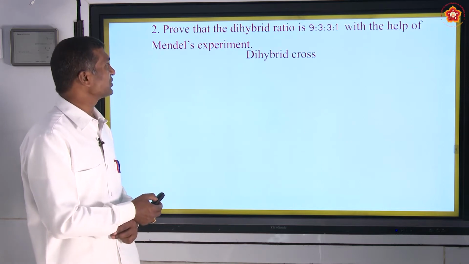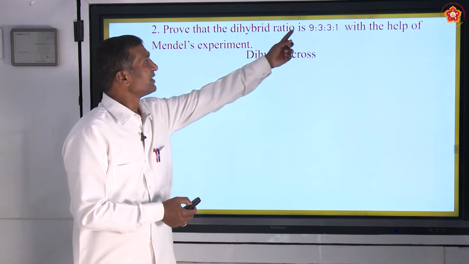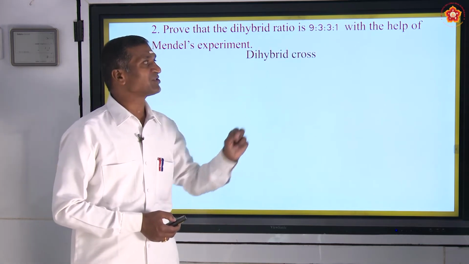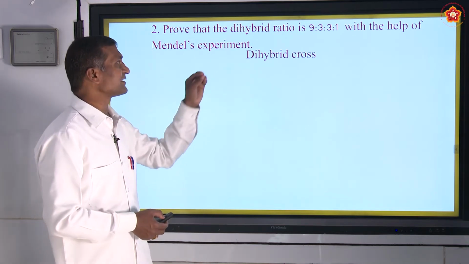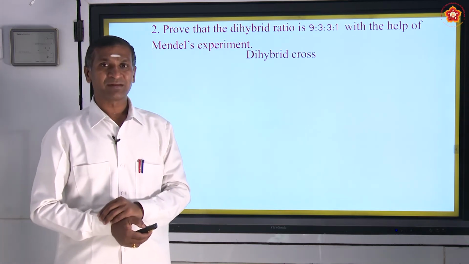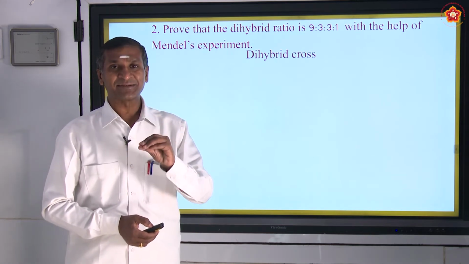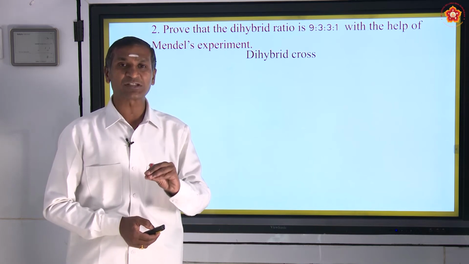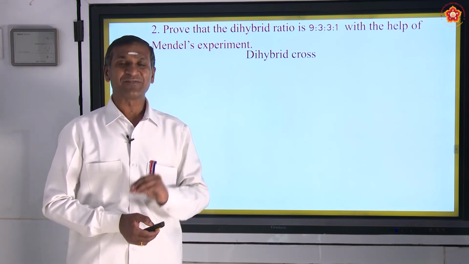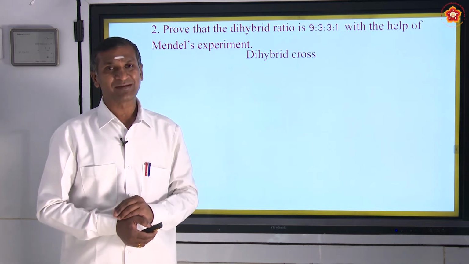The second question: prove that the dihybrid ratio is 9:3:3:1 with the help of Mendel's experiment. In the beginning, you shall write the dihybrid cross definition: a cross between 2 plants which differ by 2 characters.